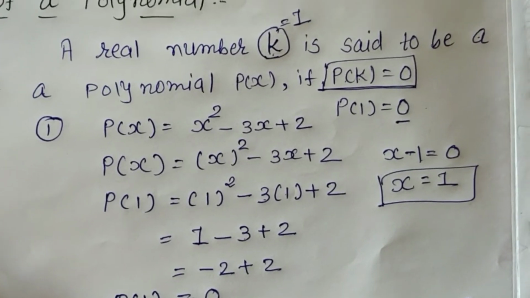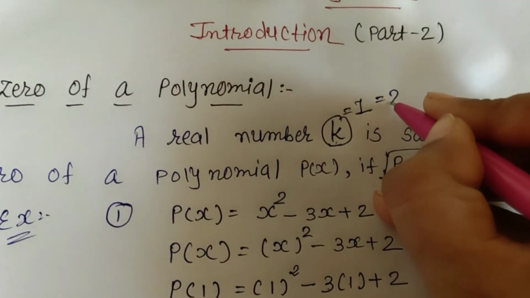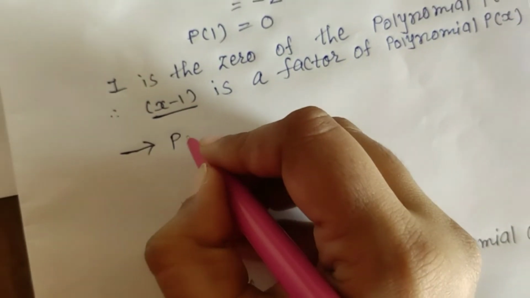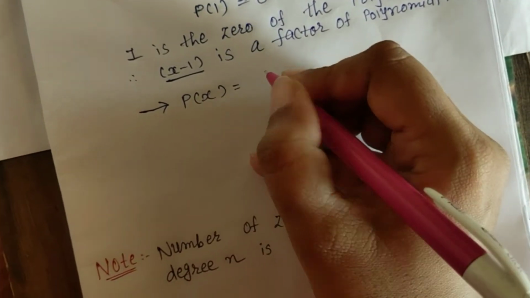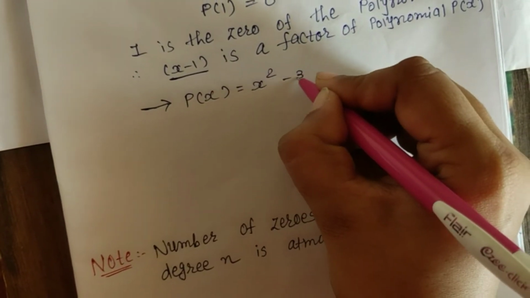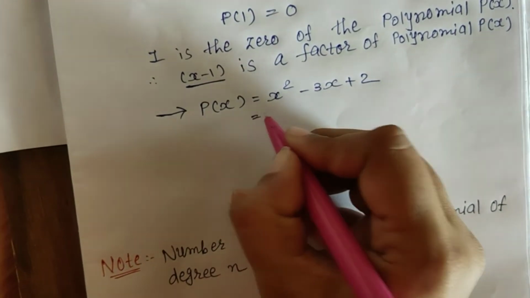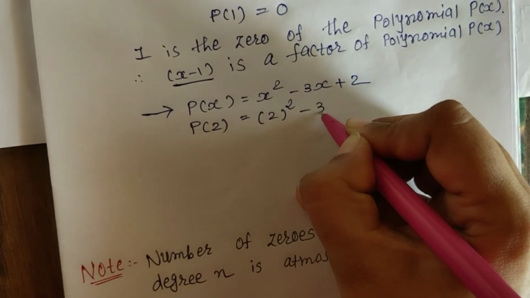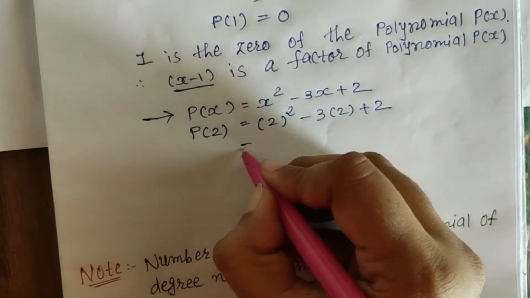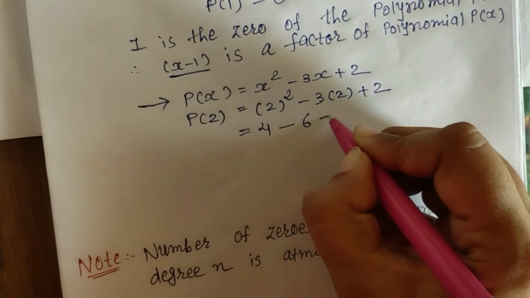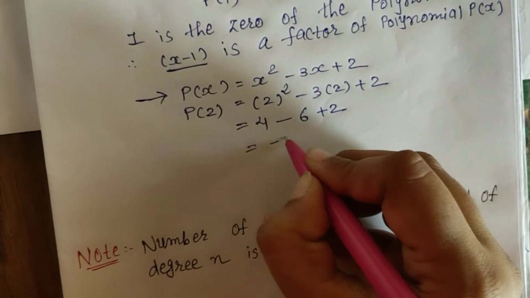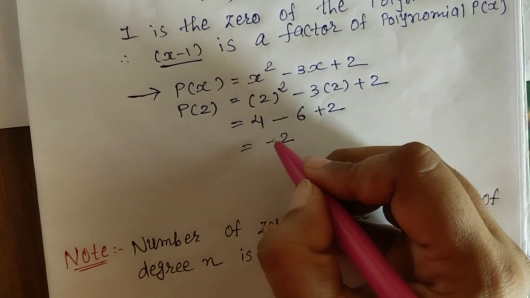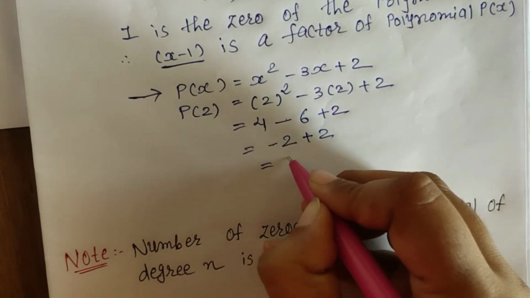Now we'll take another example. Instead of 1 we will take 2 over here. Then our polynomial p of x is equal to x square minus 3x plus 2. Now we have to take p of 2. 2 square minus 3 into 2 plus 2. 2 square is 4, 3 twos are 6, plus 2. 4 minus 6 is minus 2, because 4 is again the smaller number and 6 is the bigger number, and we put the sign of the bigger number, plus 2, minus 2 plus 2 is 0.